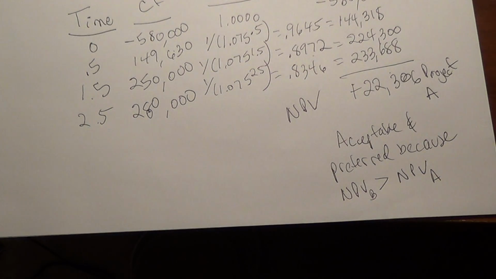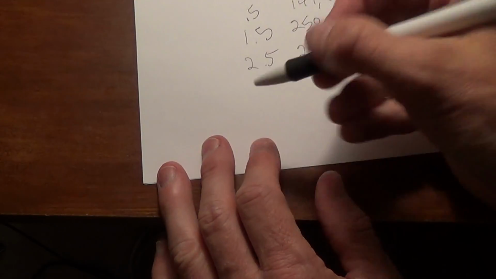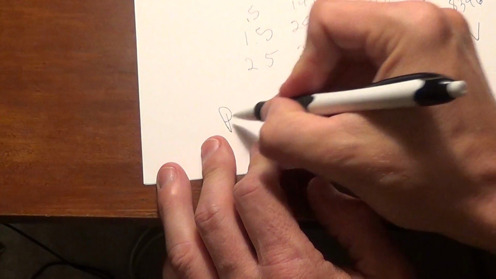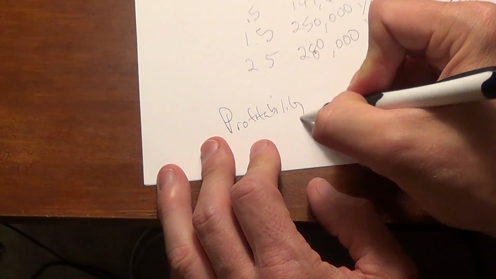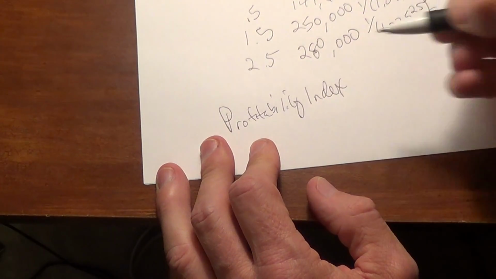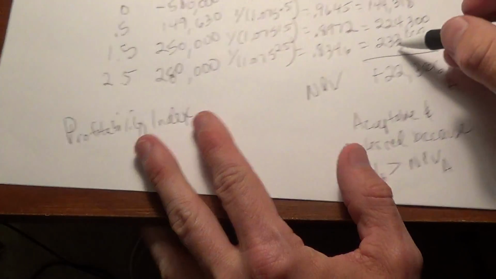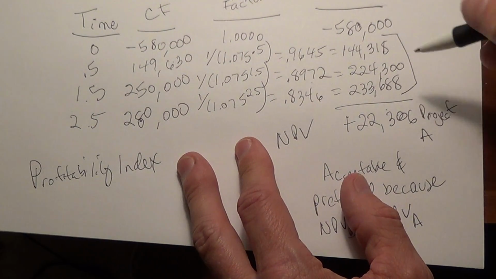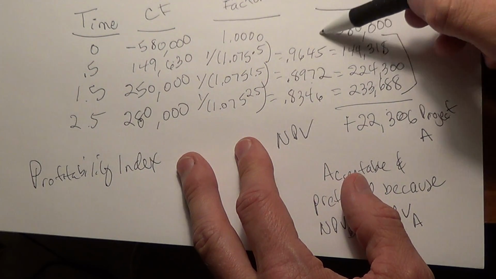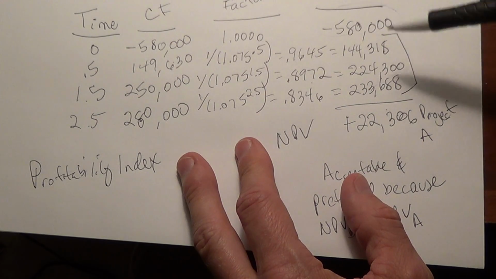The next question for Project B is, what is its profitability index? For the profitability index, we take the present value of all the inflows, the sum of those, and we divide it by the initial cost. There's 2 ways to calculate that.